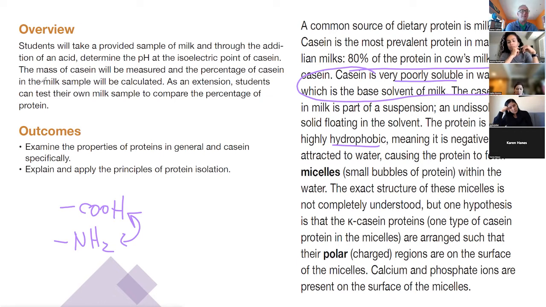But the other part of the molecule, this R part of the molecule, is what's called the functional part of the amino acid. It has side chains on it that do things. And so the side chains are basically what would be exposed either to the interior or to the exterior. If the side chains are polar, where would you think we would find them? Would we find polar side chains on the exterior or the interior?